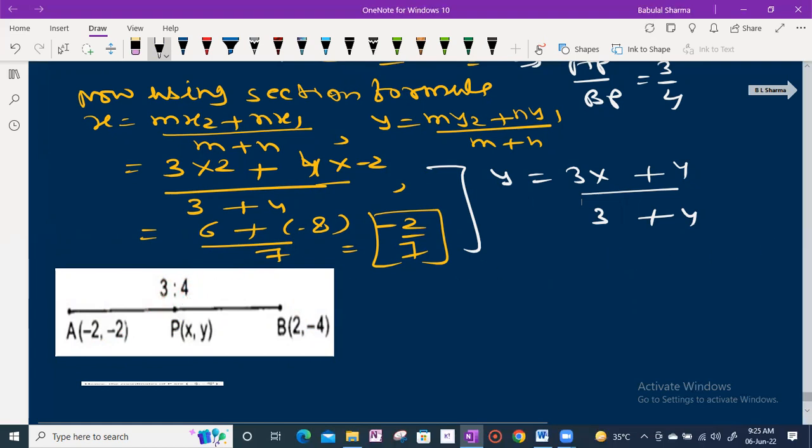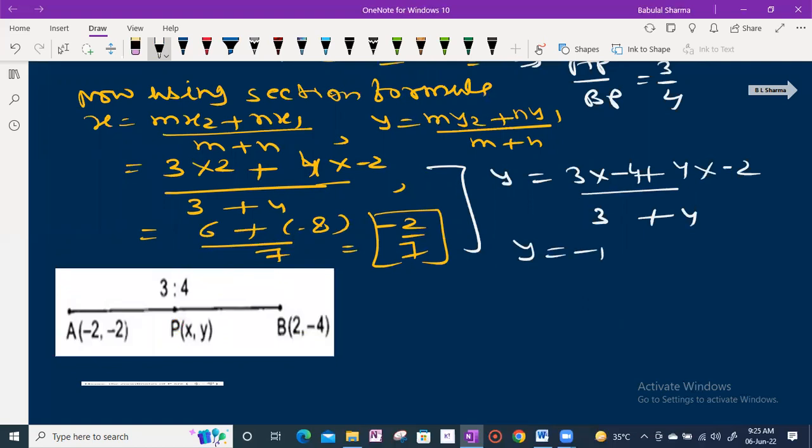So that is minus 4 and that is minus 2. So y is equal to minus 12 minus 8 upon 7. That is minus 20 by 7. So we can say that the value of x, that is minus 2 by 7, and the value of y, that is minus 20 by 7.